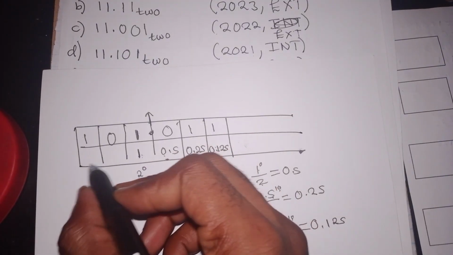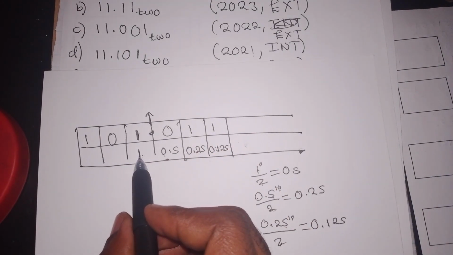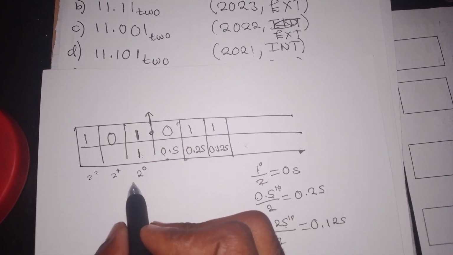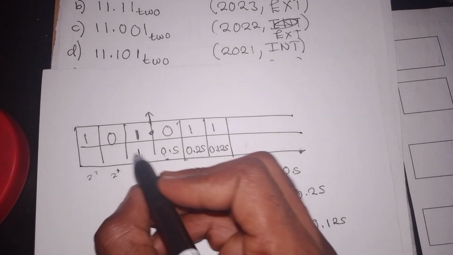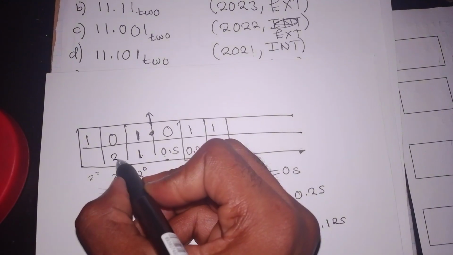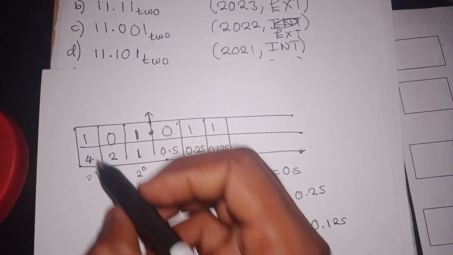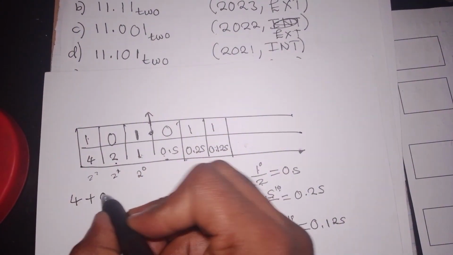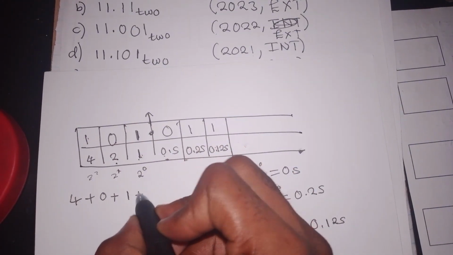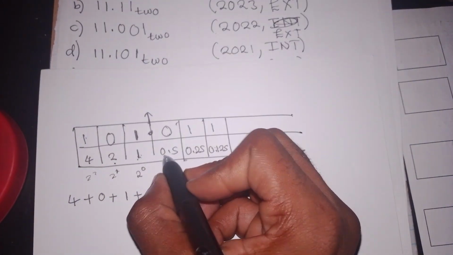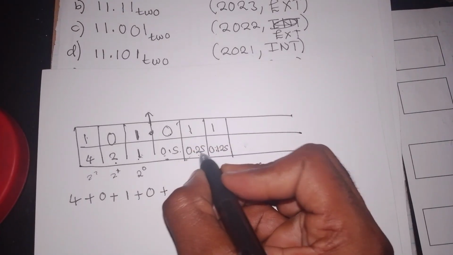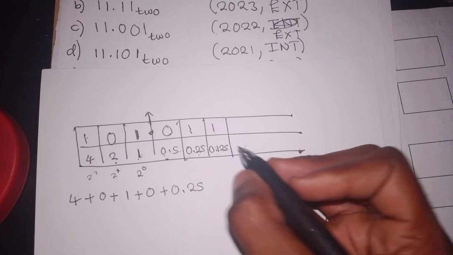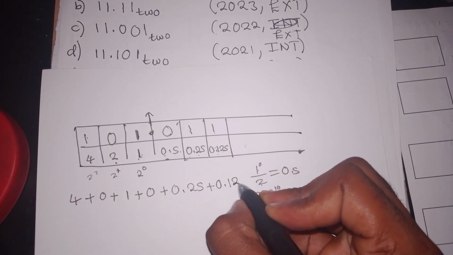And then to move in this direction, just multiply this by 2, or you can just say 2 to the power 1 and then 2 squared. Positive powers are easy, so you can just say 2 times 1, that's a 2, and then 2 times 2, that's a 4. Then now you can multiply 1 by 4, that's a 4, then 0 plus 2, 1 times 1, you have a 1, 0 multiplied by 0.5, that's a 0, 1 multiplied by 0.25, that's 0.25, 1 multiplied by 0.125, this is 0.125.